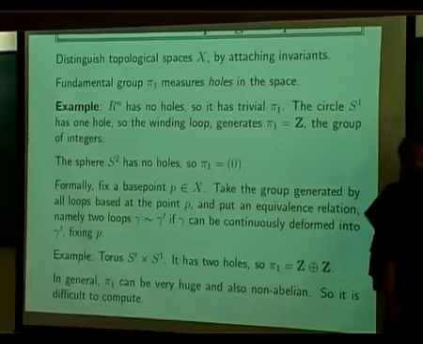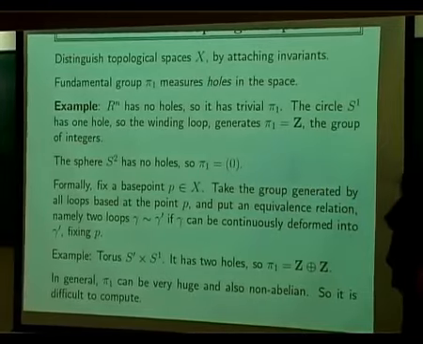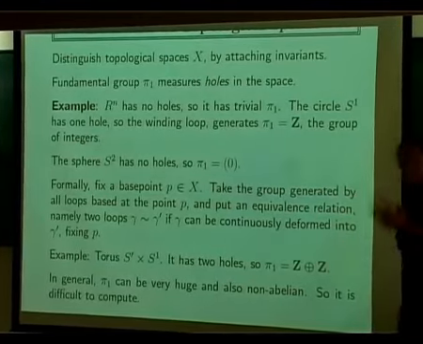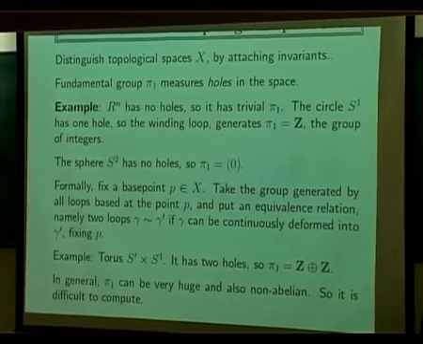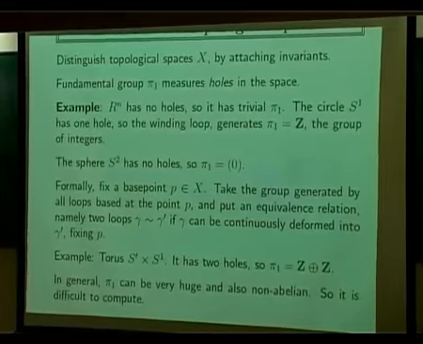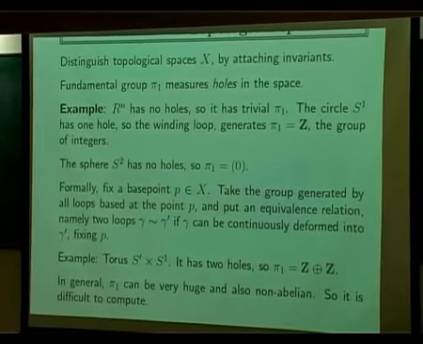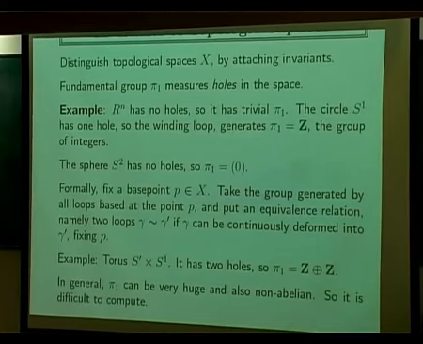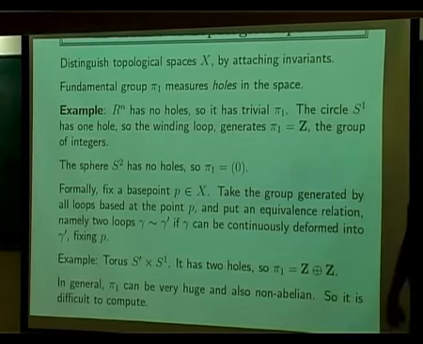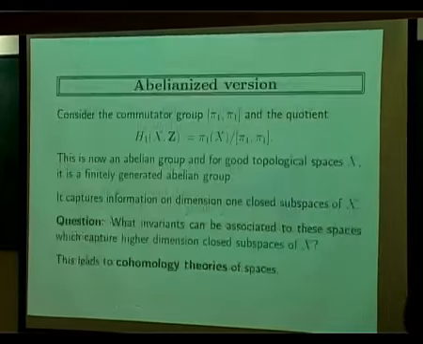These are some nice examples which I am able to show, but you can imagine that if I take any arbitrary topological space which has many bad holes and so on, then the fundamental group can be very huge with many generators, and it can be highly non-abelian also. So somehow we want to take care of this aspect.